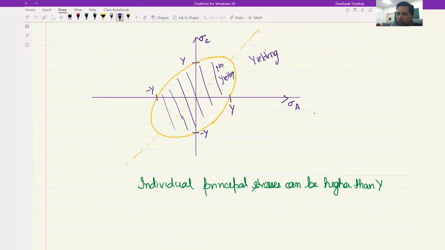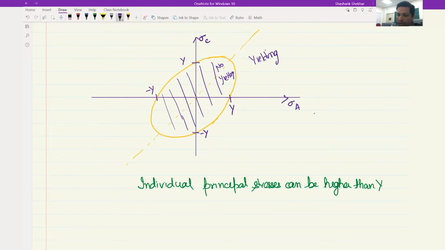If you were looking at the uniaxial case, you are increasing the stress, and at this particular point your stress has reached the strength of the material. Here yielding begins, and when you keep increasing the stress, more and more deformation takes place. As long as you are below this, no yielding is taking place; you are in the elastic regime. But now we are in a multi-axial stress state, in this particular case a two-axial stress state.